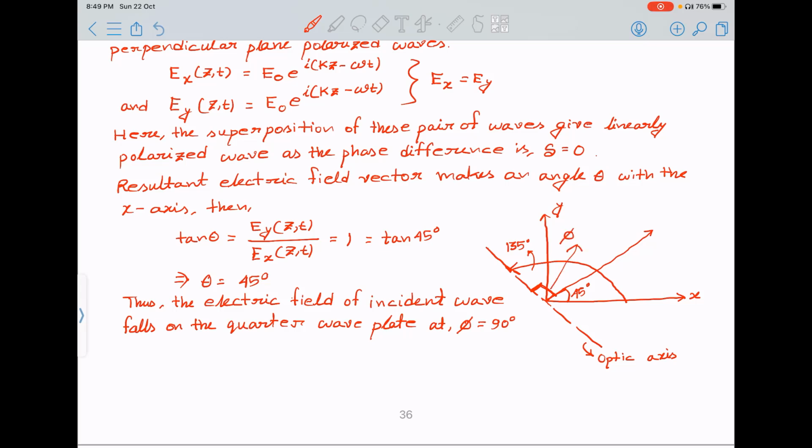So this angle is phi equals 90 degrees. So this is a linearly polarized light because tan theta equals 1.